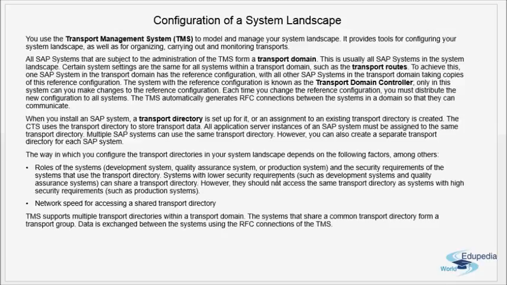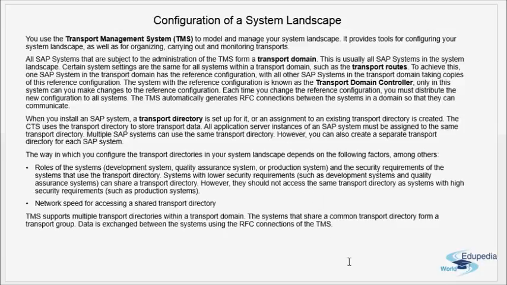However, they should not access the same transport directory as the systems with high security requirements such as production systems. And the other factor is the network speed for accessing a shared transport directory. So whether this transport directory has to be shared across multiple systems or not, you can decide using these factors.